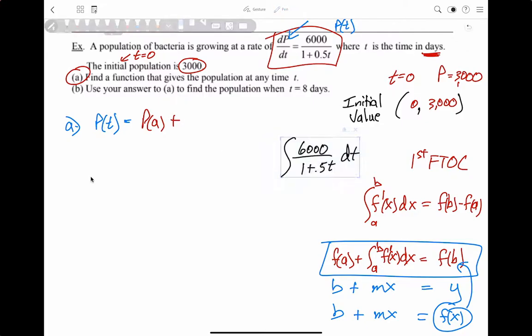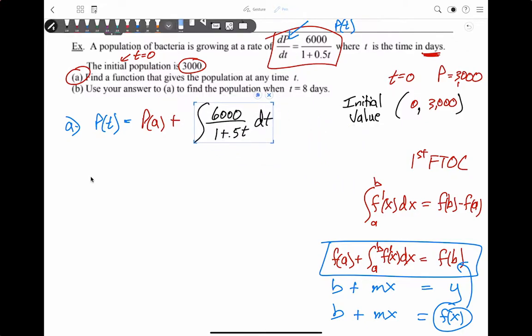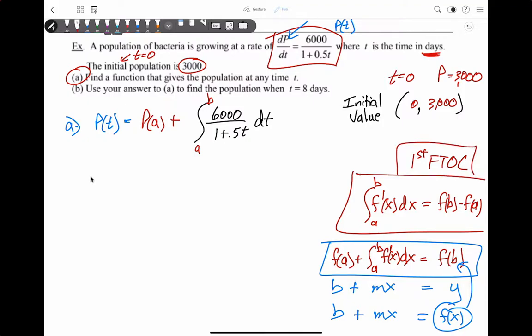Our variable is in fact t, so we're going to keep it as t. So it's P of t is equal to P of a plus the following, starting from a, all the way to b. All of this is really correlated with the first fundamental theorem. We know our a value is where we start, and our b value is where we'll end. So this is the start, this is the end.